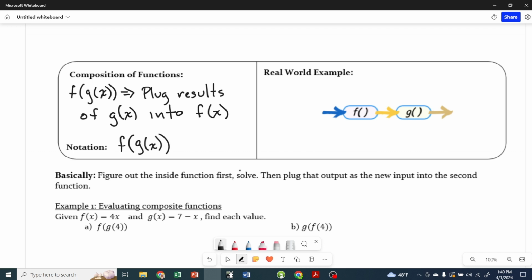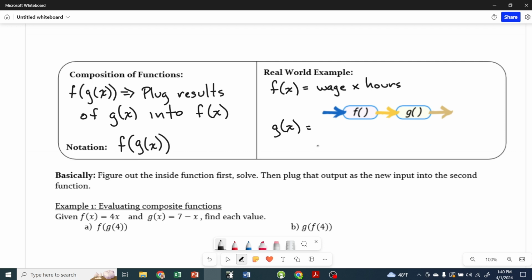So a real world example of that would be where, let's say, we calculate net pay, right? How do we calculate net pay? Well, we have to first calculate your gross pay, right? So the gross pay, let's say, is f of x, which would be equal to your hourly wage times the hours you worked. And g of x is, let's say, your taxes.